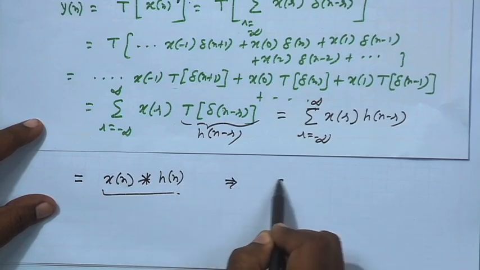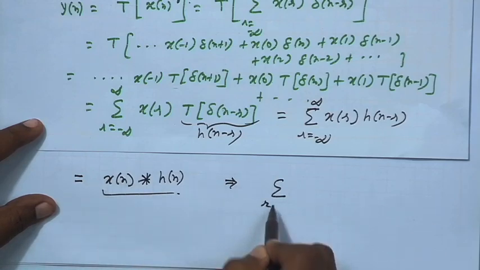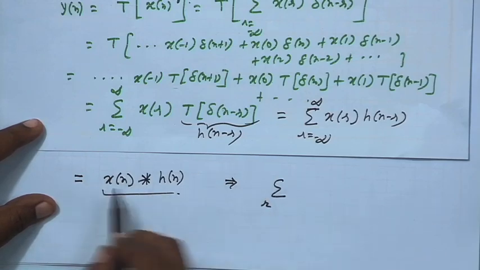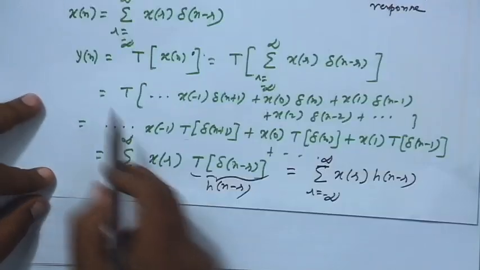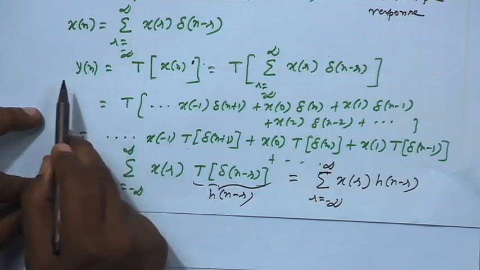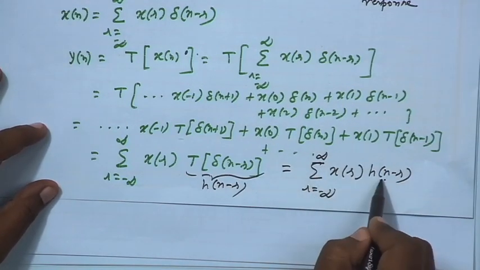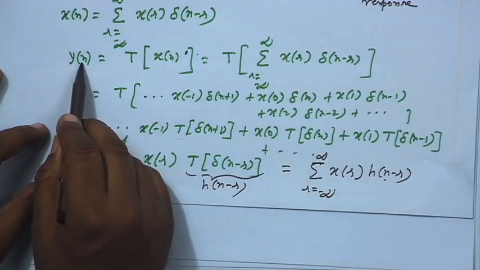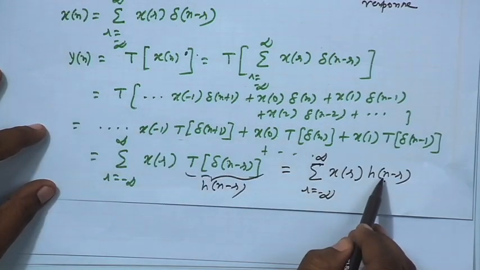You first bring a summation, then bring an index r or L or M or anything but n, not n, because by this convolution you are trying to find y n. So n is your choice: you want to find y at a particular n of your choice, n is fixed by you, and r is the only variable. Remember n is fixed by you from the left hand side; you want to find the output at a particular n, and that n goes in here.